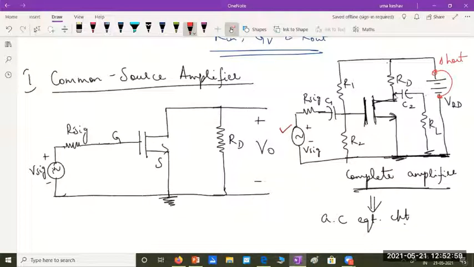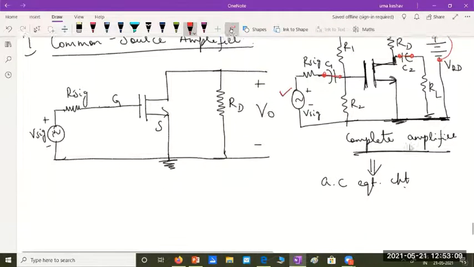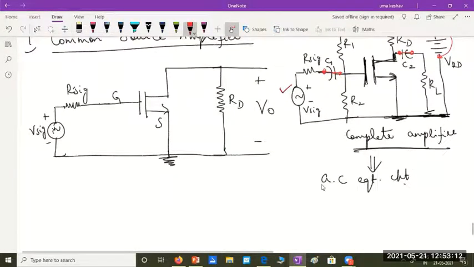And what should we do to the capacitors? Replace the capacitors with short circuit. Yes. So when we do this, how will the circuit look? You just see here, how will the circuit look when you draw the AC equivalent?